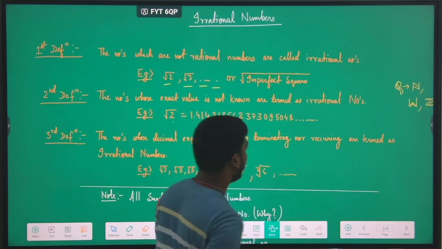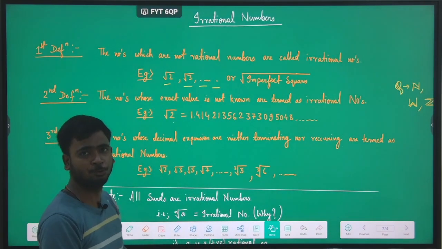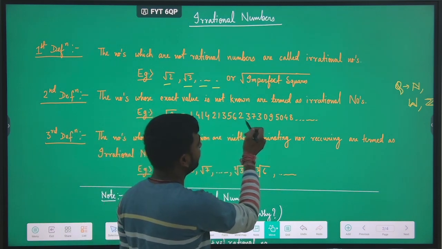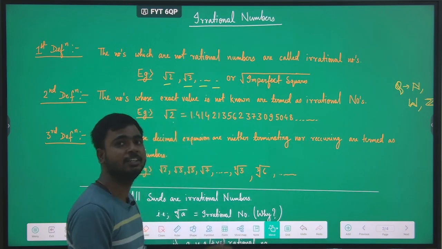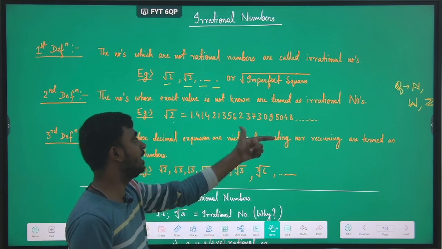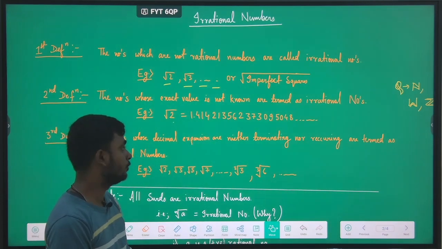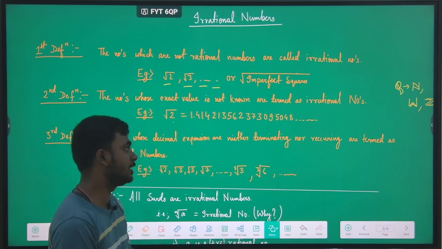So what I am saying, let us look into the value of root 2. The value of root 2 is 1.414213562373095048 and continued up to so on. What we are getting is a non-terminating decimal expansion.